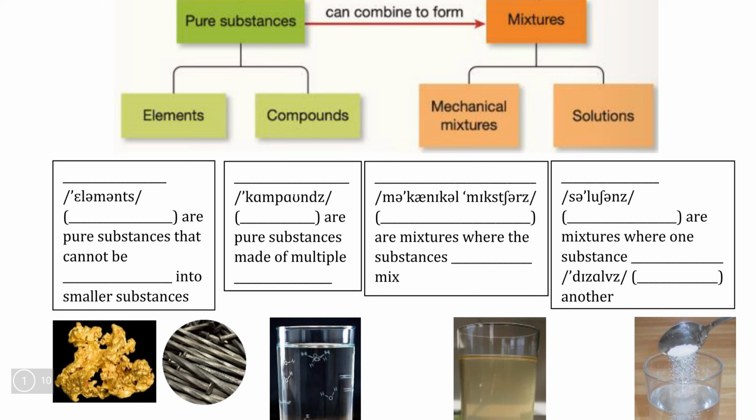So let's look at the different types of pure substances that we can have, the first of which are what we call the elements. Now, the elements are the most fundamental or the most foundational units of matter because these are pure substances that cannot be broken down into smaller substances, which is why these are the fundamental units of chemistry.